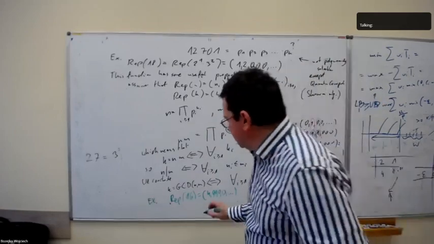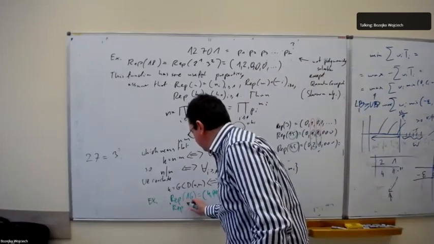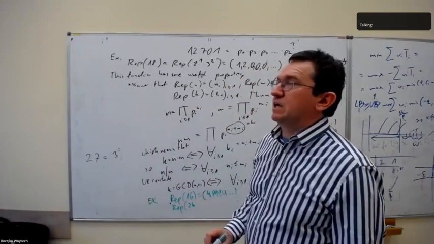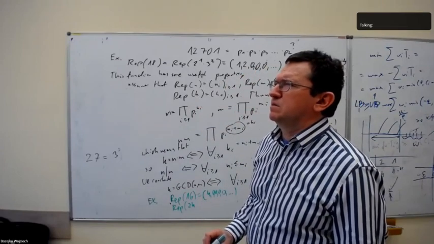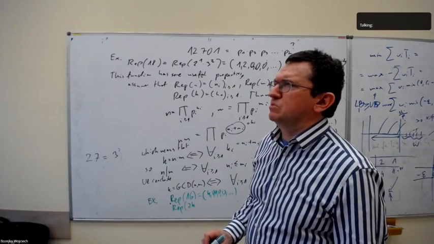Let us take also the representation of 24. 24 is 6 times 4.